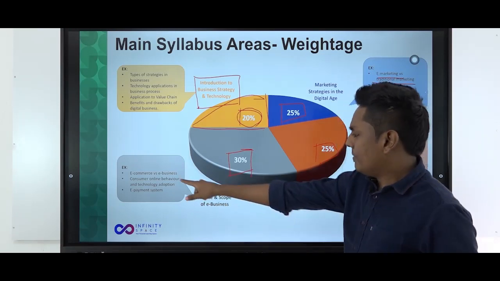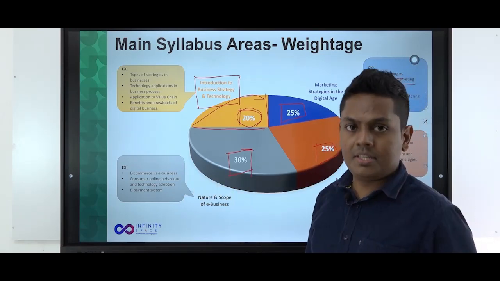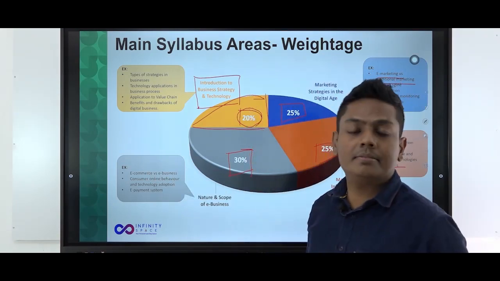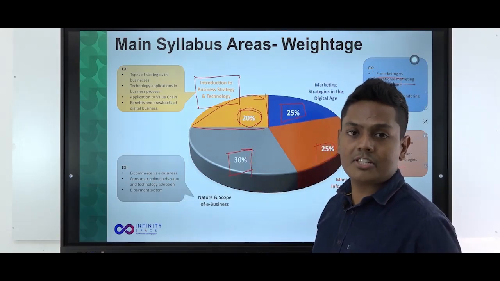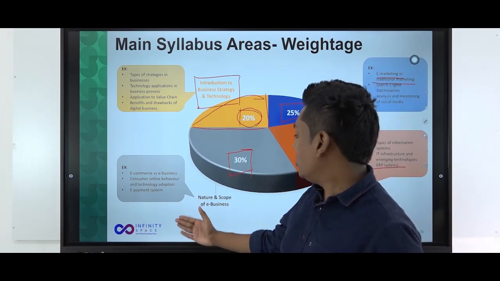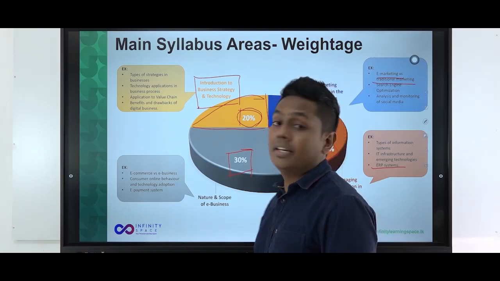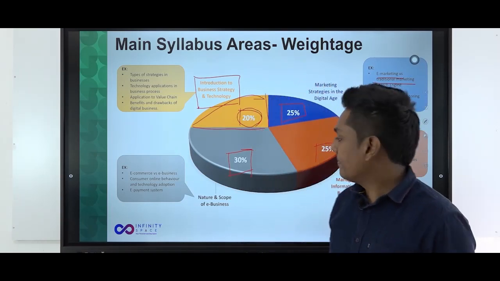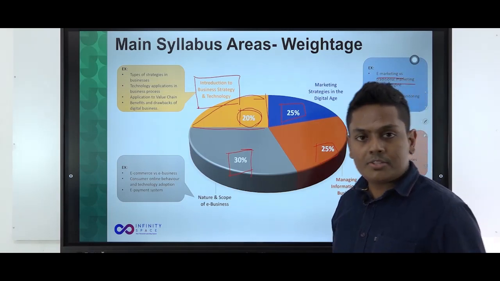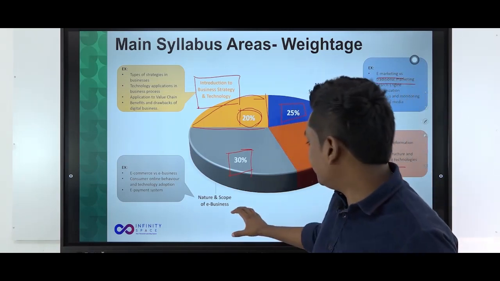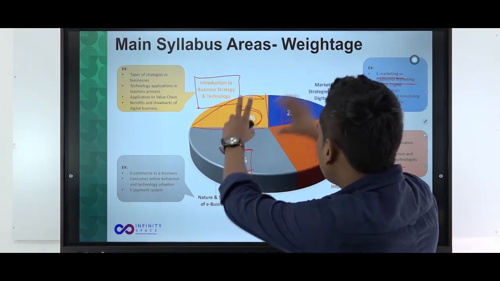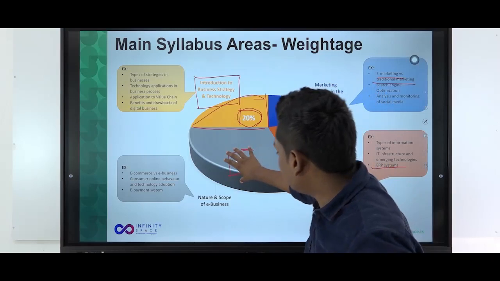And there are few will be covered under the pilot paper discussions itself, but I will take you through a detailed chapter-wise differentiations with detailed understanding for you all. Likewise, the consumer online behavior and technology adoption and e-payment systems are few examples which will be covered under nature and scope of e-business.